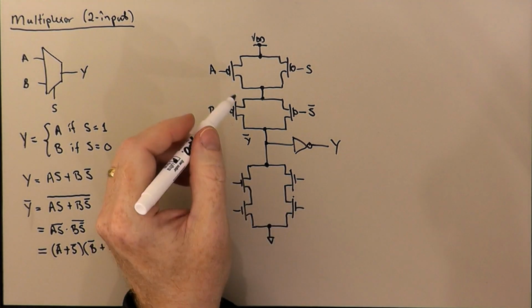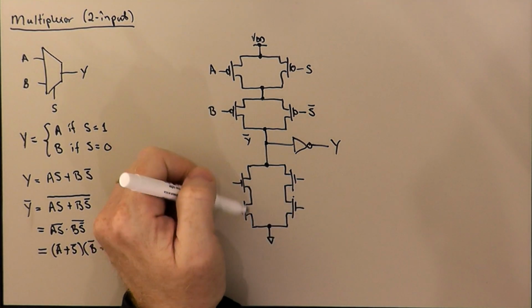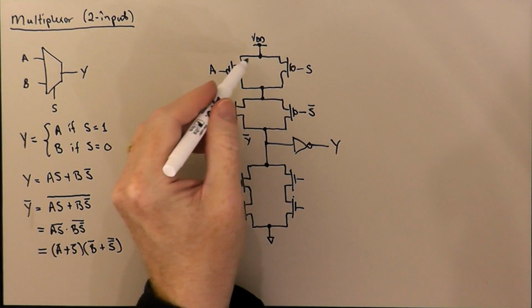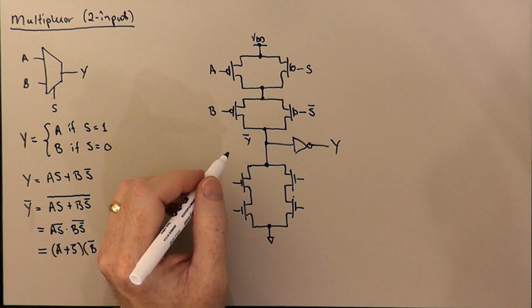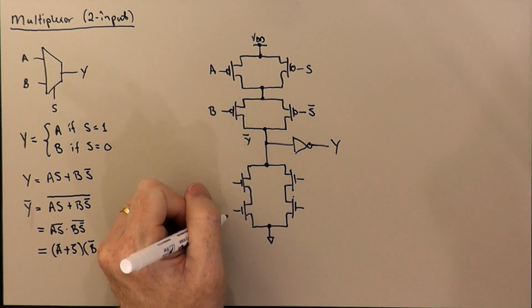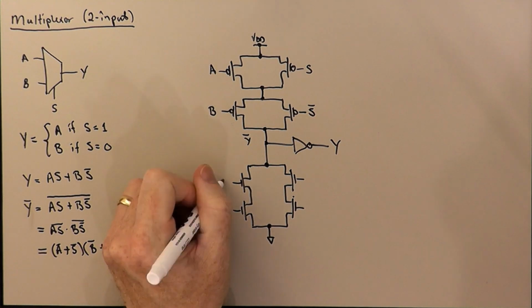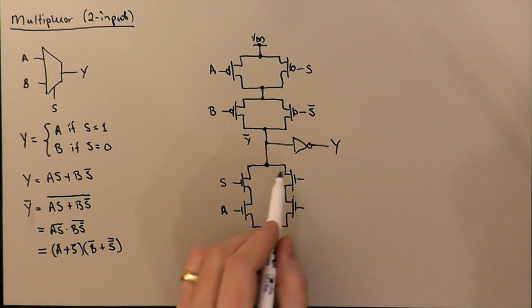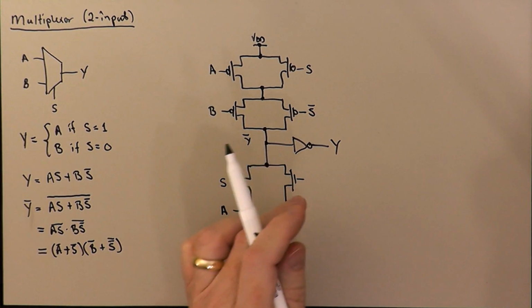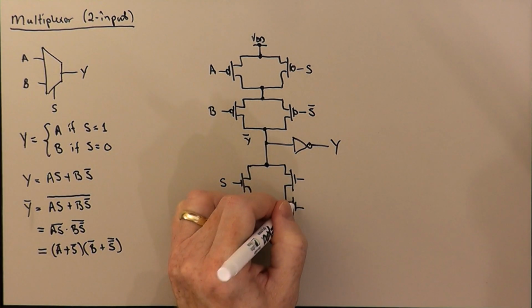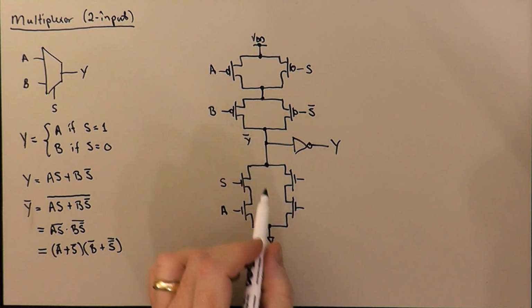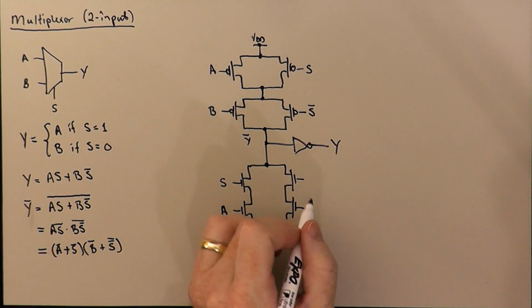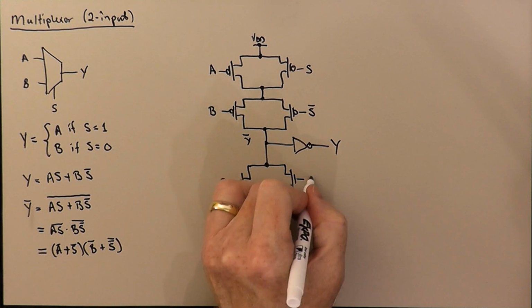Let's say this left one corresponds to this uppermost structure nearest to VDD, and we'll have an A and an S. Then this one on the right corresponds to the lower pair of parallel transistors in the pull-up network, so we'll have a B and an S bar.